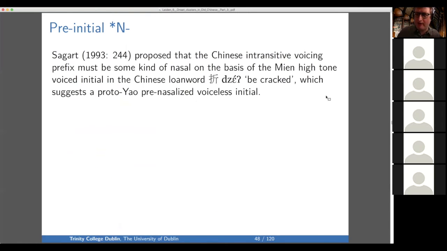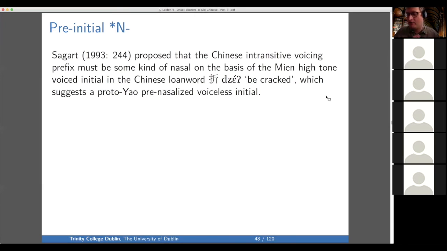I will just point out that in the meantime, a lot more evidence inside Tibeto-Burman has come up, particularly in the Gyalrongic language family. They have a very productive anti-passive voiced nasal prefix, and importantly, they also have a causative with an S prefix.